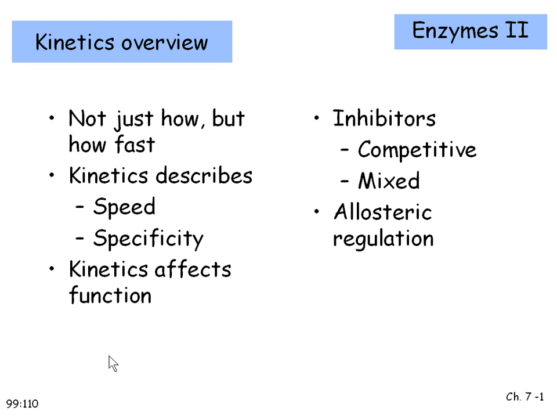The whole body of enzyme kinetics came about because it's at least as important not just to know how an enzyme works, but also to know how fast it works. And what the whole mathematics of kinetics is going to be able to do is to give us numbers for speed, how quickly it turns over with a substrate in it, and specificity, how well it holds on to a substrate.